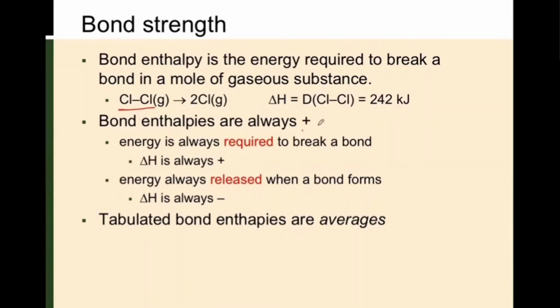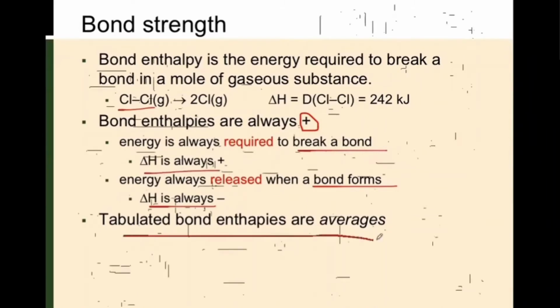Bond enthalpies are always positive because we always need to give energy to break the bond. Energy is always required to break a bond. Delta H is always positive. Energy is always released when a bond forms. Delta H is always negative for bond formation, and it's always positive to break a bond.